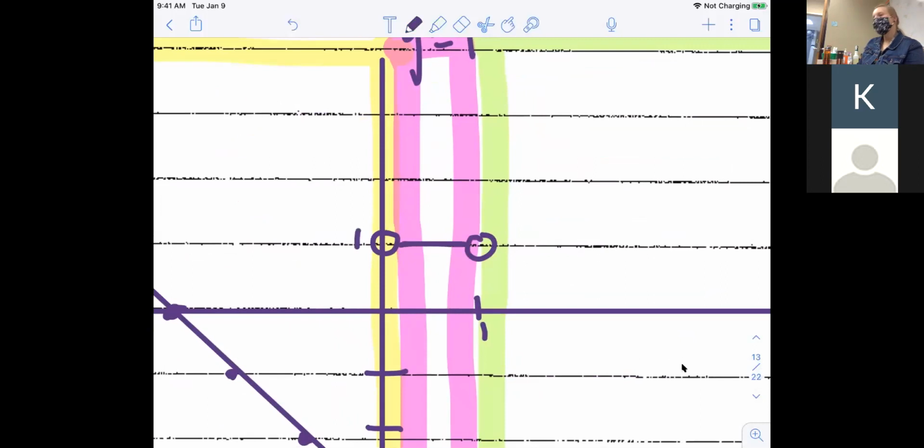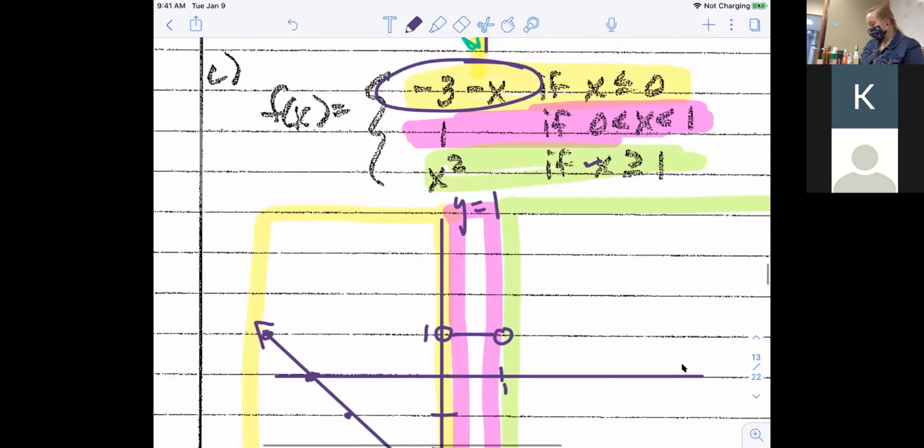I know it's at 1 on the y-axis because it says y equals 1, and 1 on the x-axis because it says it goes from 0 to 1. If you want to, you can graph the whole thing and then erase the parts that it's not in. That usually, to me, gets confusing if you don't remember to erase it all. So that's why I don't always do that.